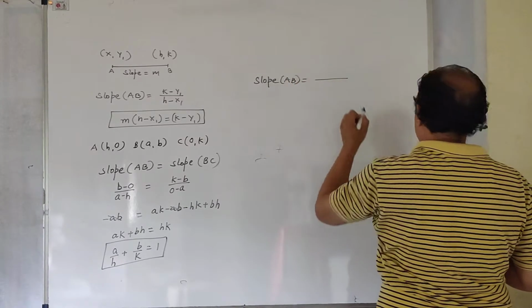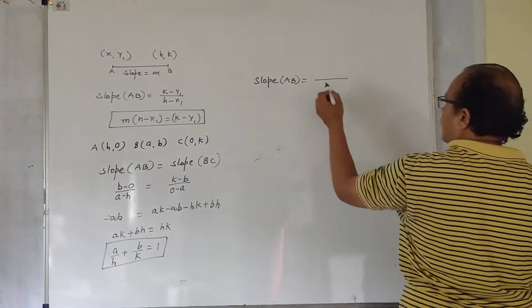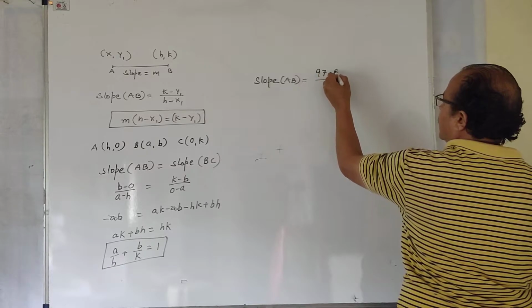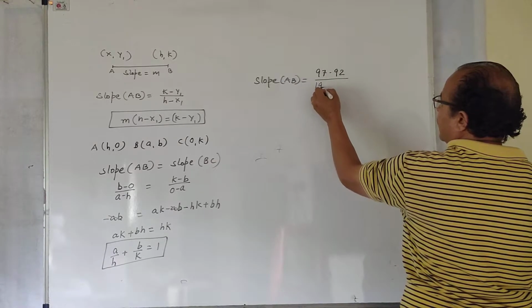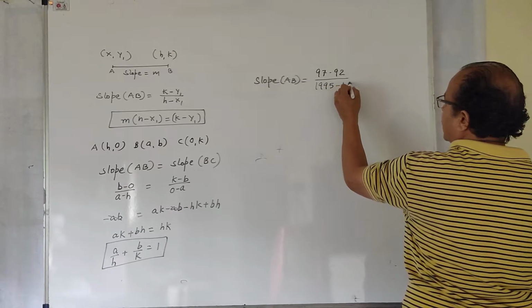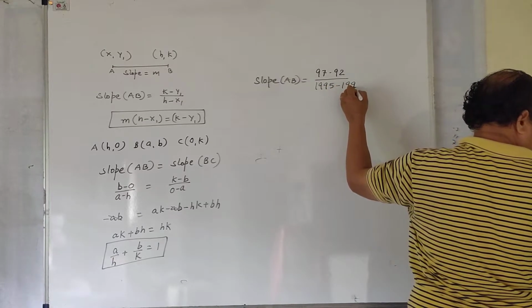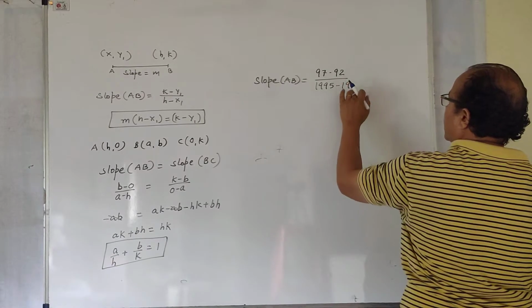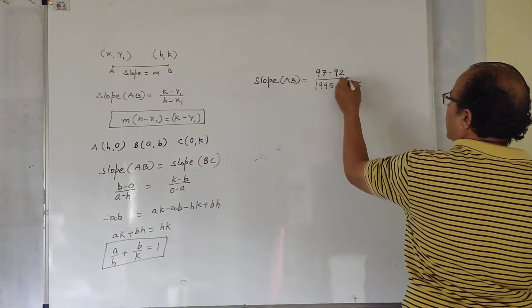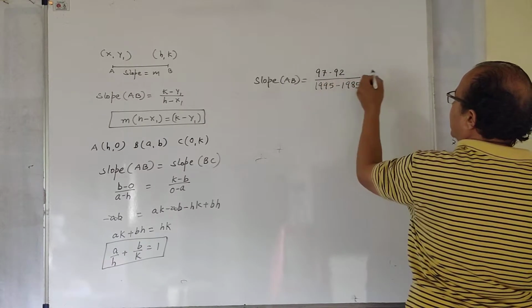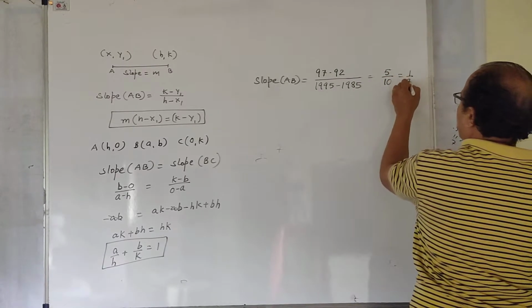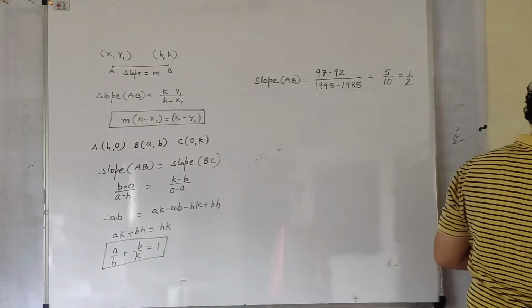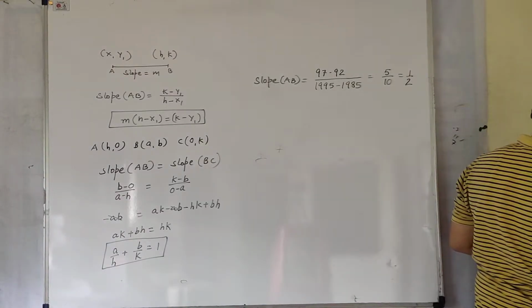You all know the formula, it is y2 minus y1 upon x2 minus x1. This will be 5 upon 10. So we got the slope of the line AB is equals to 1 upon 2.